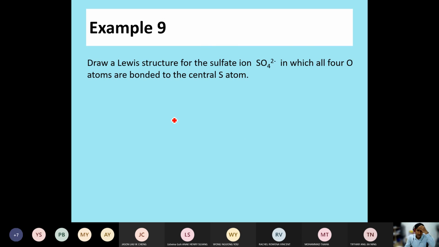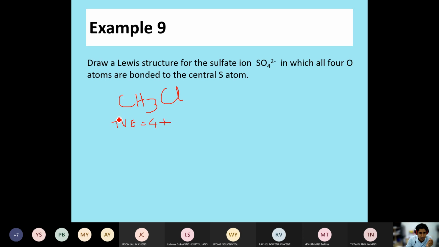All right, so before we go to sulfur tetroxide, I want to draw this simple structure first for your understanding, that CH3Cl, right? The previous slide we have seen CH3Cl. So how do we draw it? Carbon, the total valence electron, TVE, total valence electron for carbon is what? 4, right?